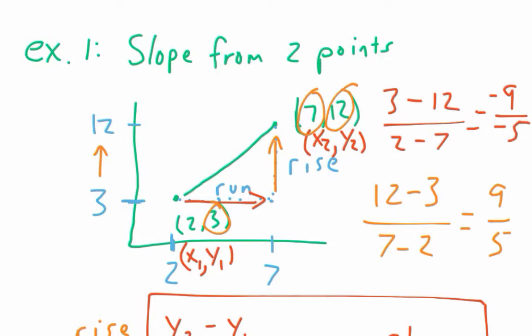But if you have a negative over a negative, the negatives cancel. And once we simplify that negative 9 over negative 5, we get that same answer. So as long as you always start with the same point. If you're going to do the second point first, if you're going to do 12 minus 3, then you have to do 7 minus 2.